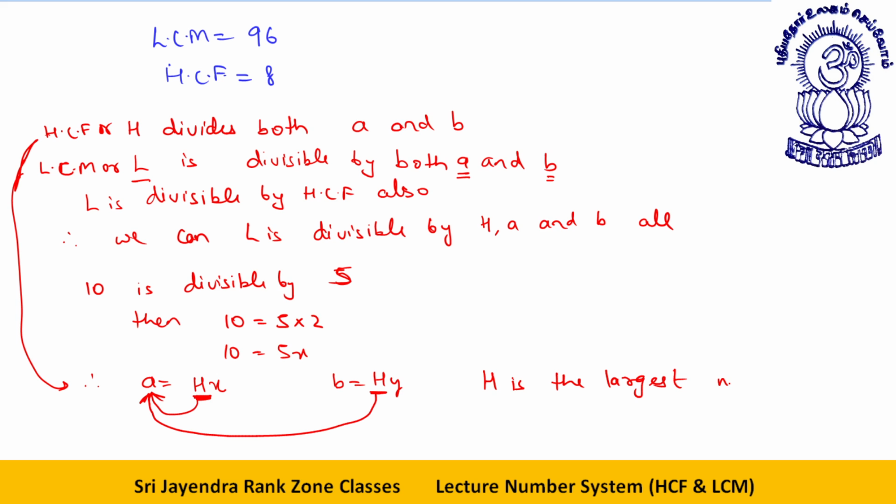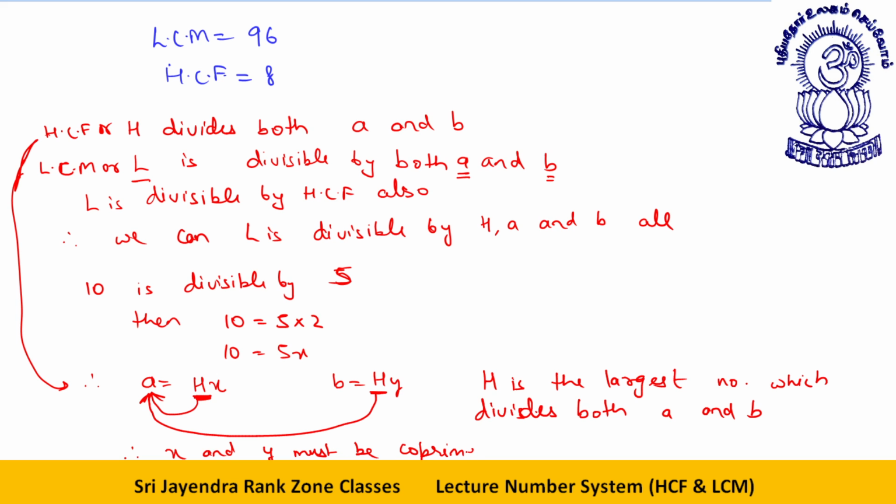H is the largest number which divides both A and B. Now, since this H is the largest number which divides both A and B, it means therefore X and Y must be co-prime.